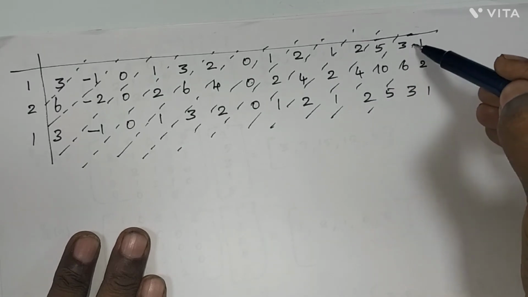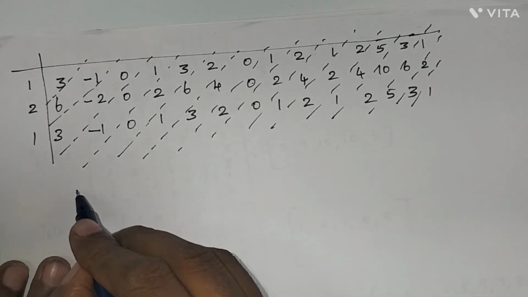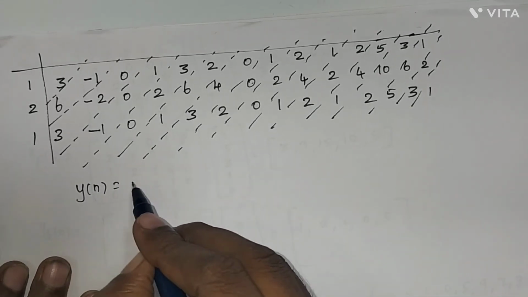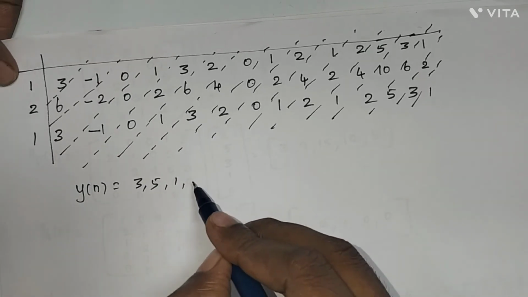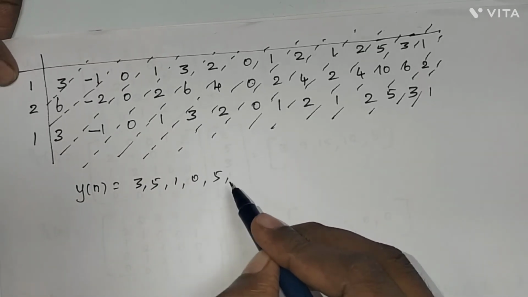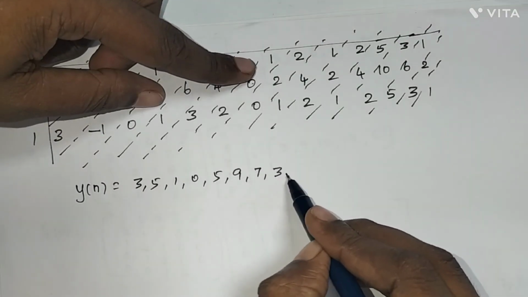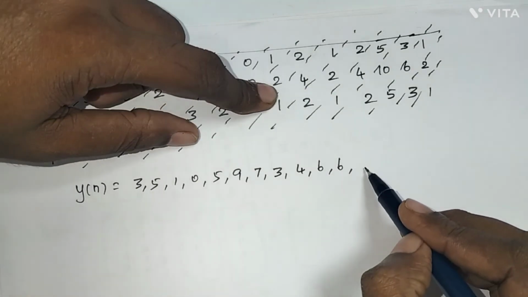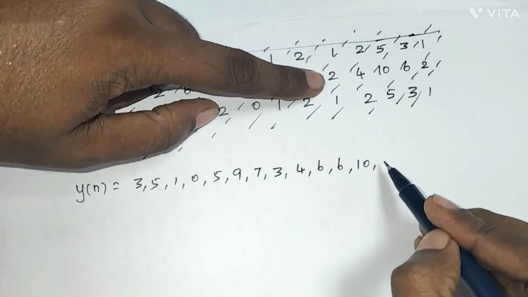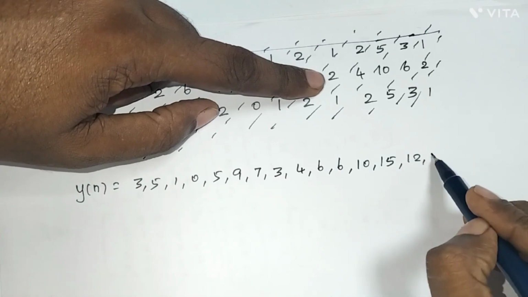The final sequence is y of n is equal to 3, 5, 1, 0, 5, 9, 7, 3, 4, 6, 6, 10, 15, 12, 5, 1. So in this way you have to cross verify your answer.